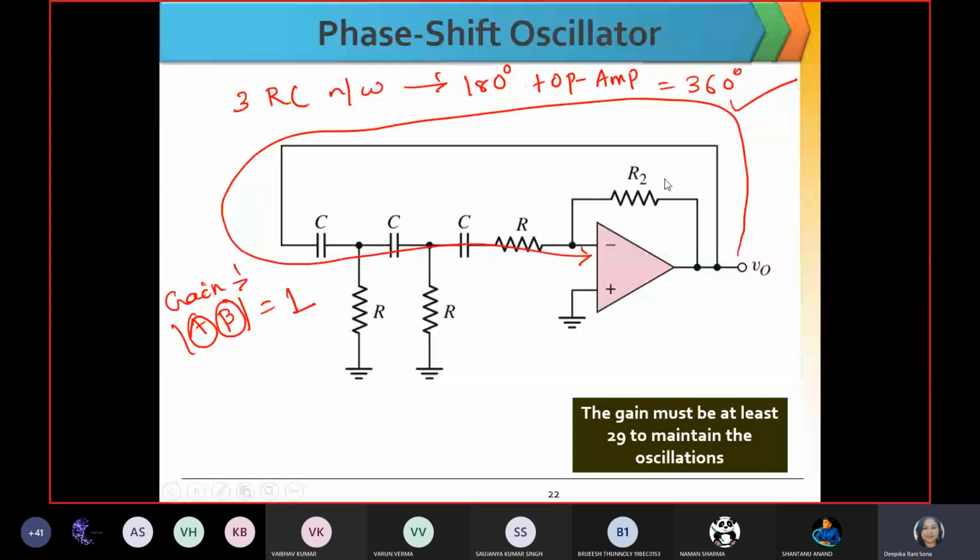Yeah, have a look. The feedback resistor is here, RF. If this R you are able to find out, you can easily figure out this R2 value. That's all. Okay, so this is all about your RC phase shift oscillator.